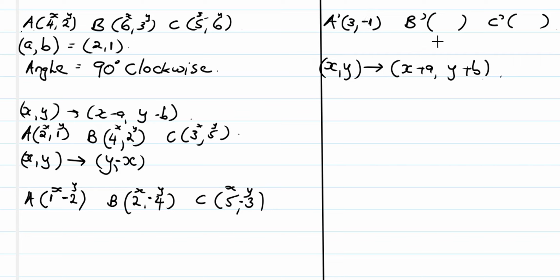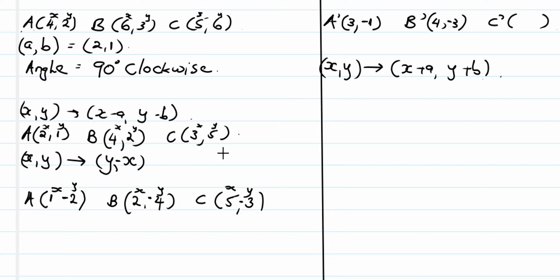Then we go to the second point where we have x plus a, and we know x is 6, plus a is 2, so 6 plus 2, which is 8. And then we go to y here, which is negative 4, and b is 1. So negative 4 plus 1 is negative 3.